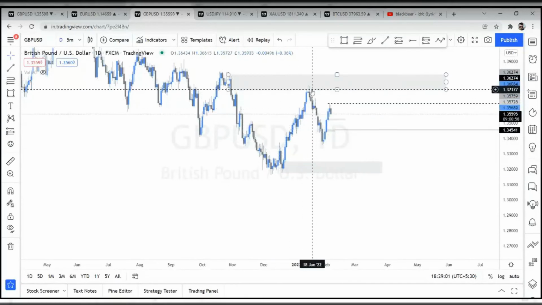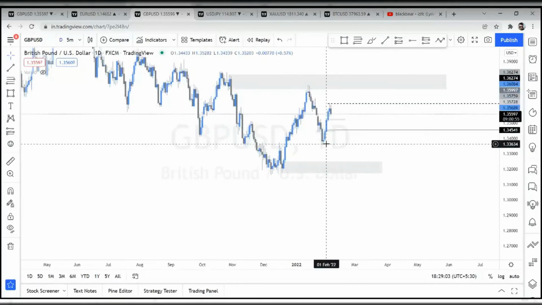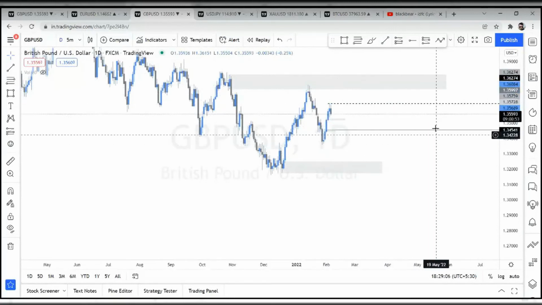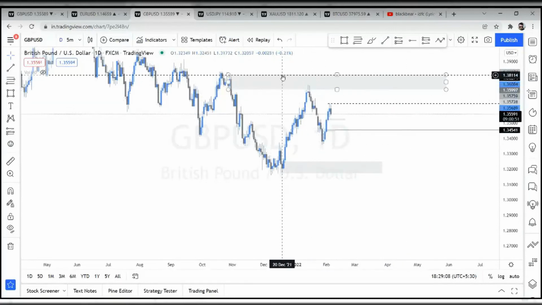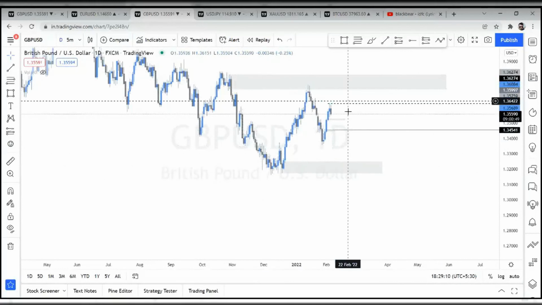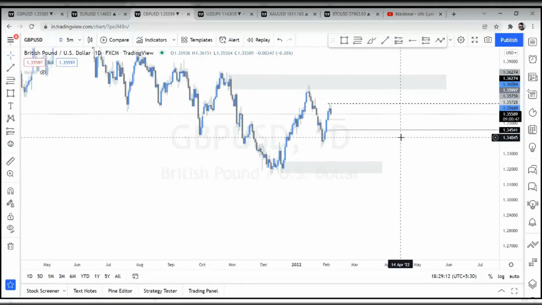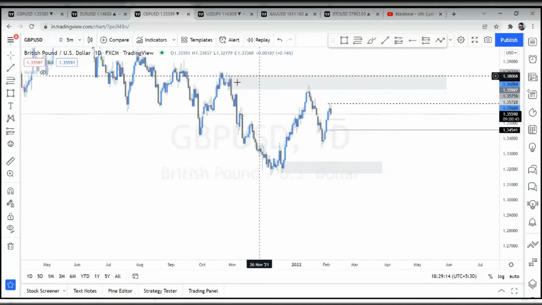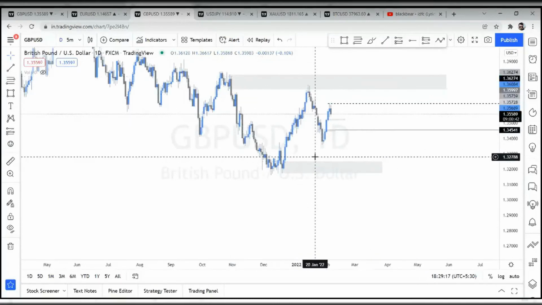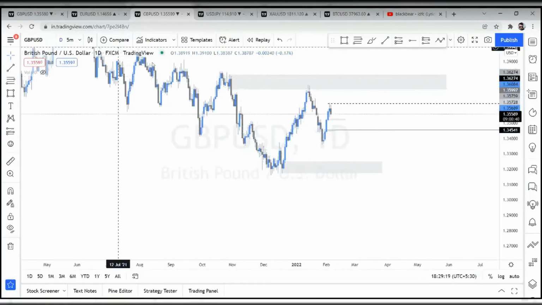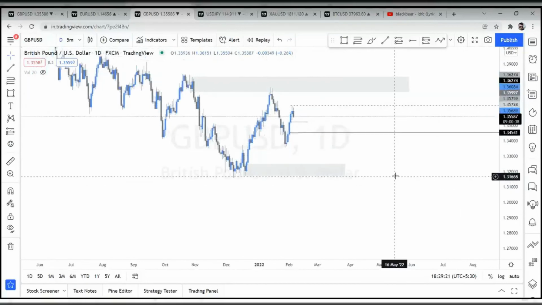So it does not matter what it does here, unless it breaks above this or this. Whatever happens here does not matter to us. This is a liquidity, this is a protected high. That is our bias on this particular time frame in this area.